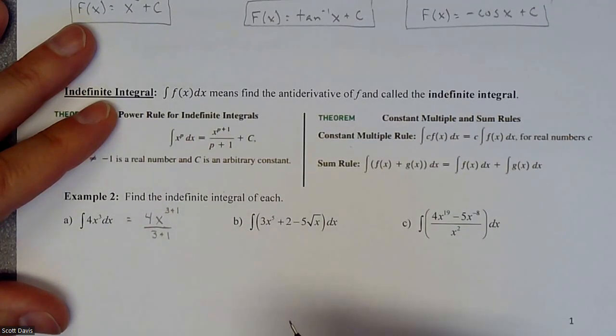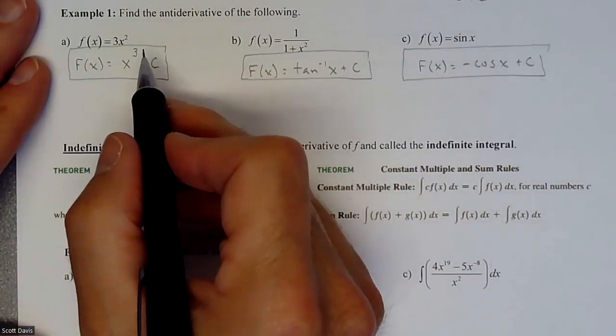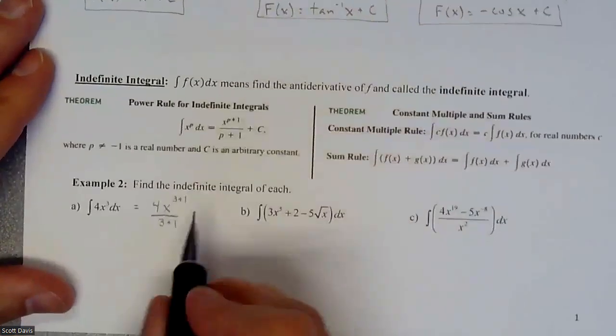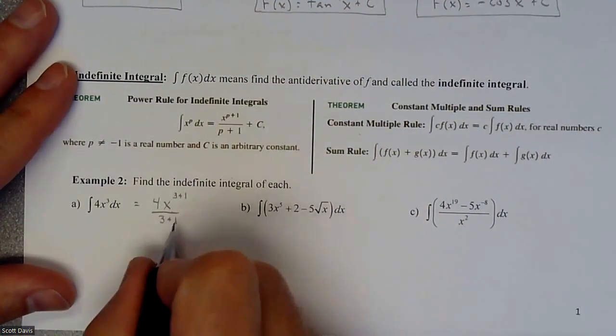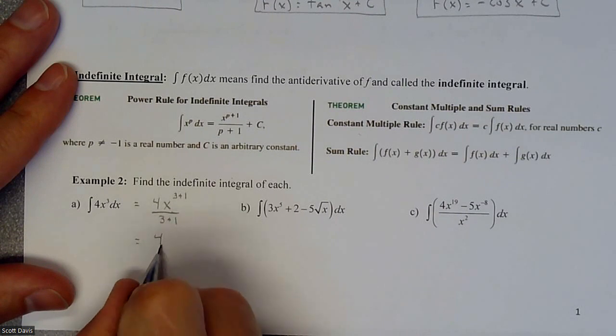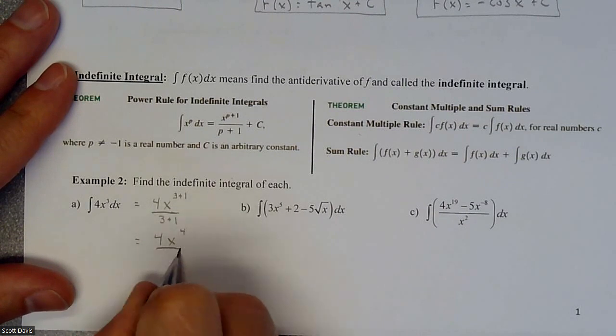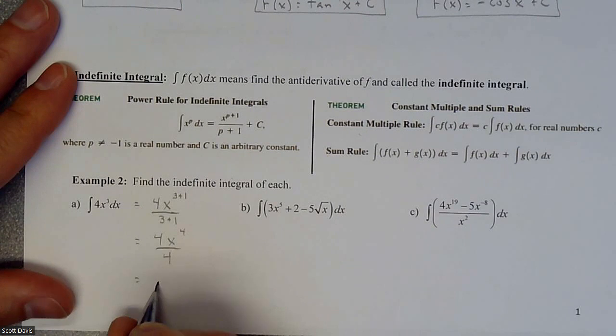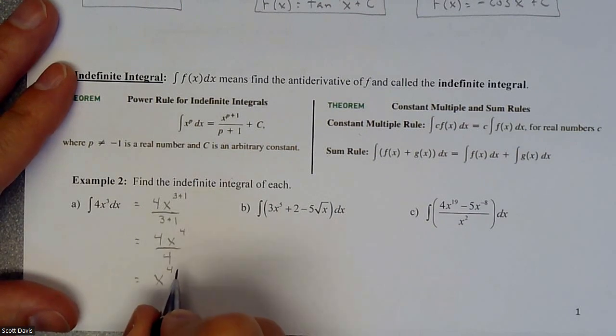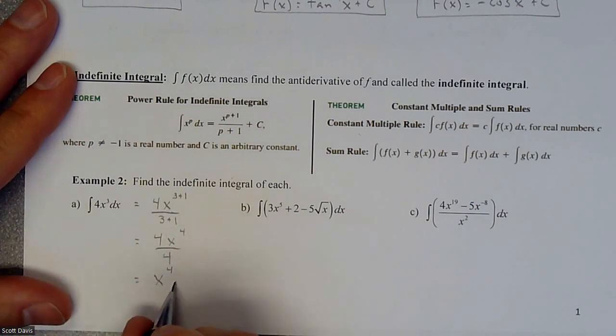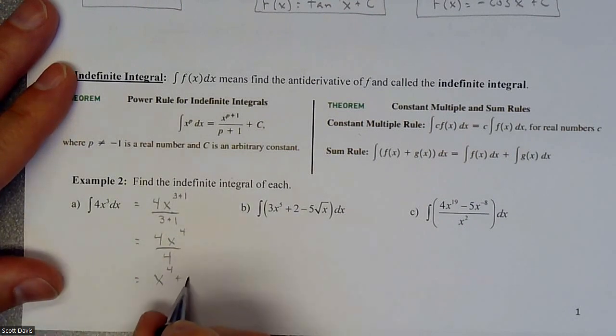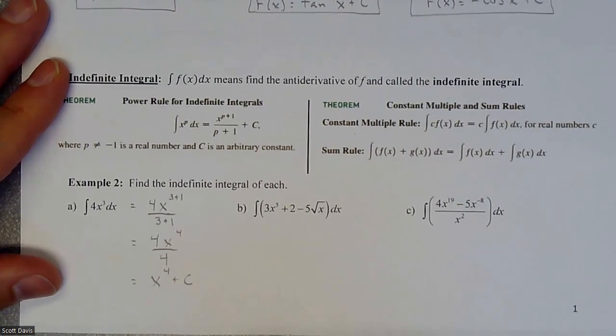Right, that's the idea. So we're undoing the derivative because the derivative would be multiplying and subtracting. So we're going to be adding and dividing. So what I'm really looking at is 4x to the fourth divided by 4, which then simplifies to just an x to the fourth. And so that's our antiderivative plus some sort of a constant that might be there.